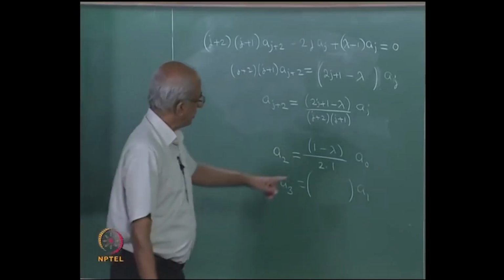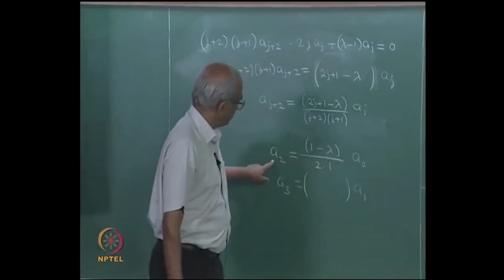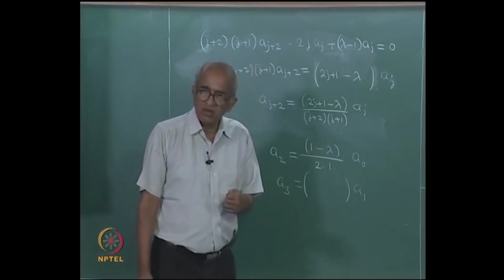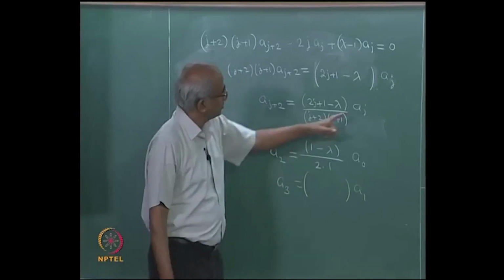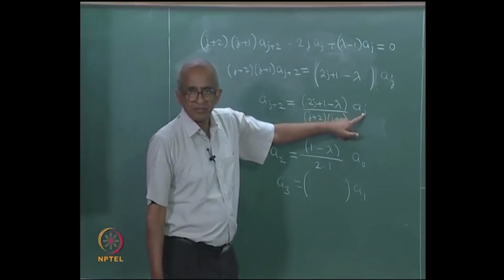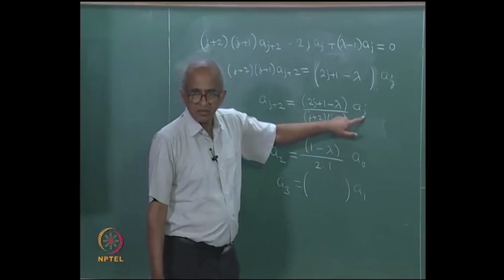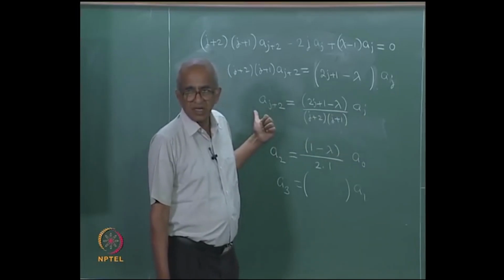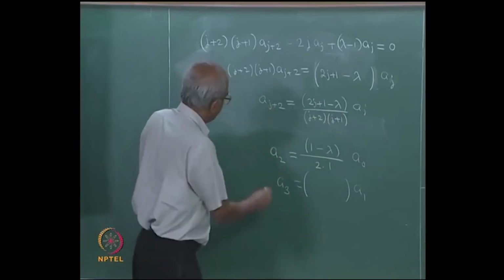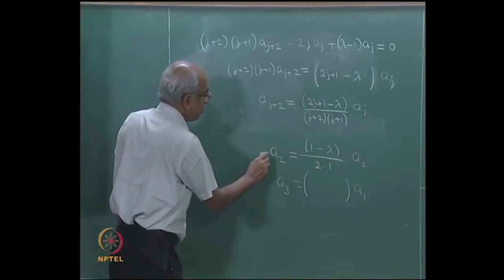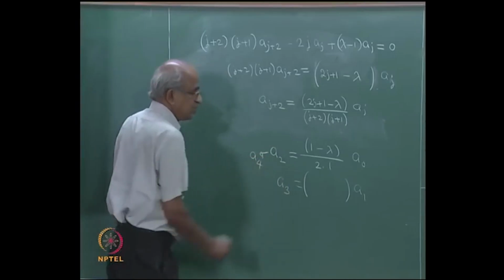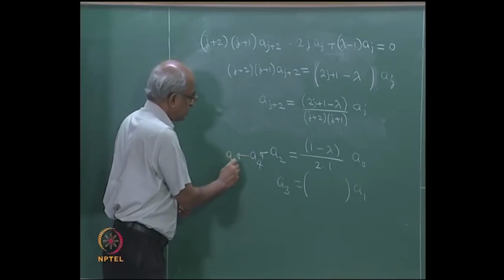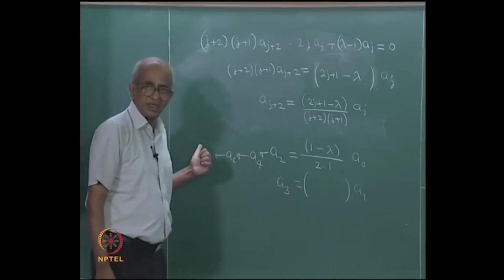So, you notice that the value of a0 determines a2 and the value of a1 determines a3, but then if I know the value of a2, I can put that value here, right. You put j is equal to 2, then I would have determined the value of a4. So, therefore, from here I can determine a4, and from a4 I can determine a6 from which I can determine a8.